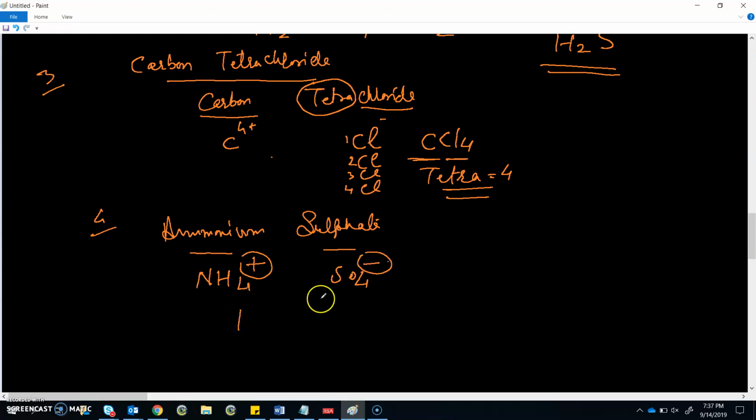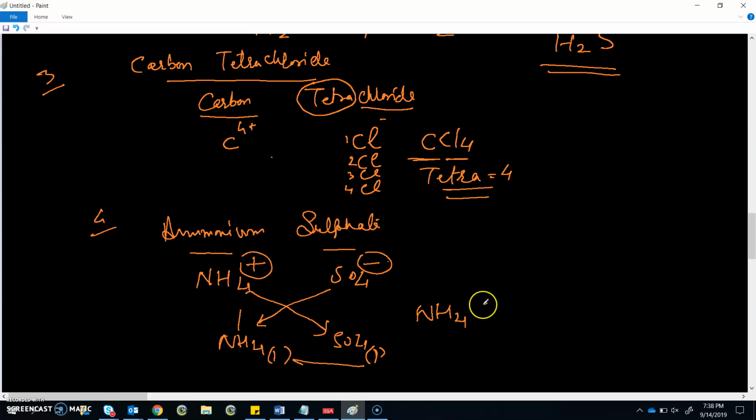You can write like this also: ammonium here, and sulfate here, valency is crossed. Sulfate valency is 2 and ammonium valency is 1. This is minus 2, I wrote it wrong earlier.